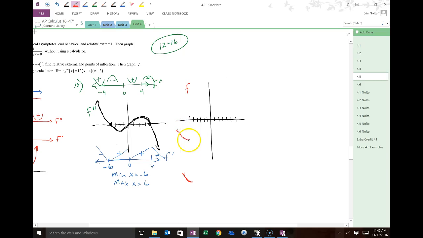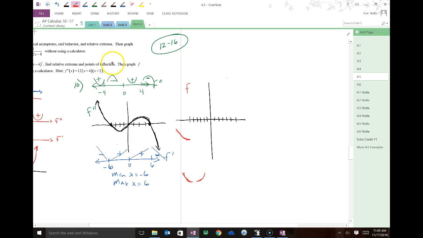So it's going to go down. We're going to say that's going to be my minimum spot. Okay, so now I know it's going to go back up. So I have a positive slope with a positive concavity. So it's going to go up like this.